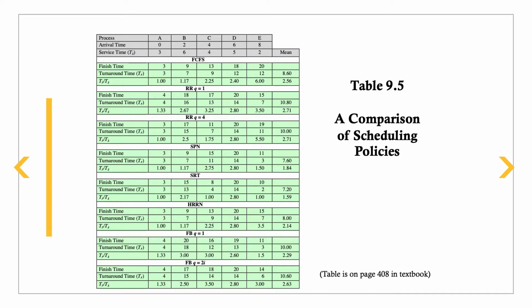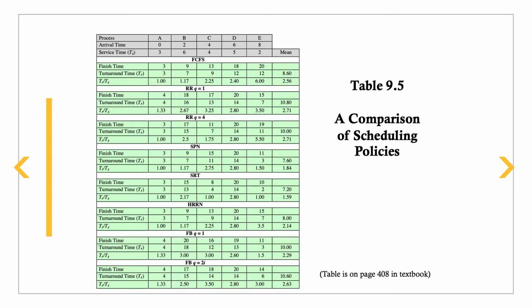And then what we're going to do is under each different approach, so first come, first served, round robin with a couple different quanta, which we'll talk about when we get to round robin, we're going to keep track of what time the thing finished, what the turnaround time was. Now, the turnaround time basically means how long it took to finish from when it actually got there. So for process A in first come, first served, it arrived at 0 and finished at 3.